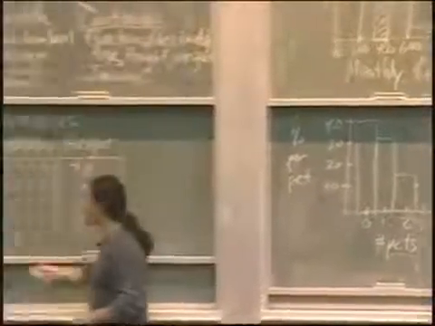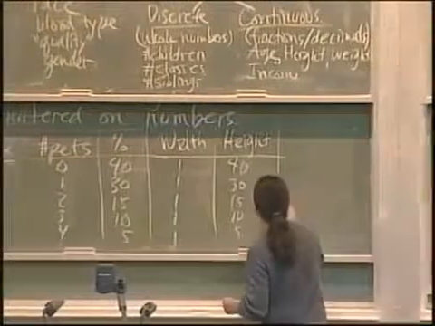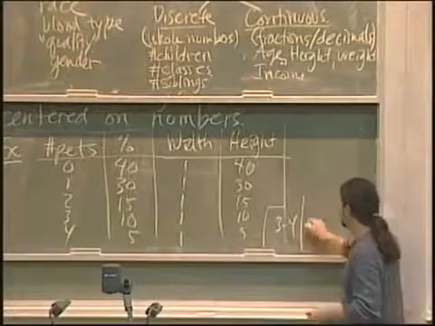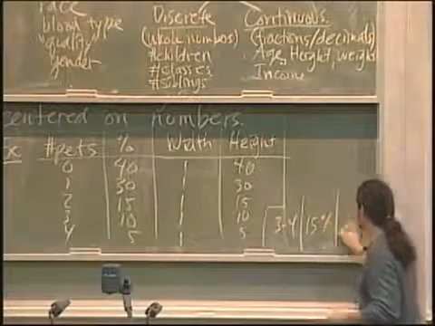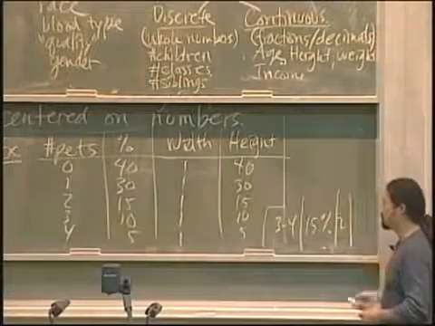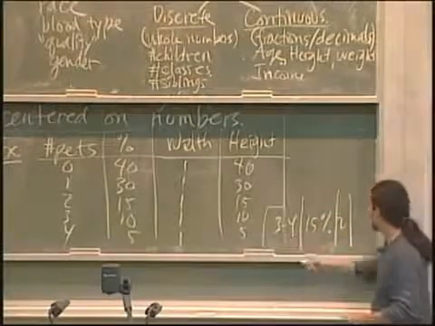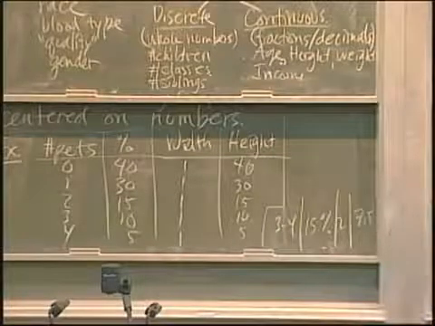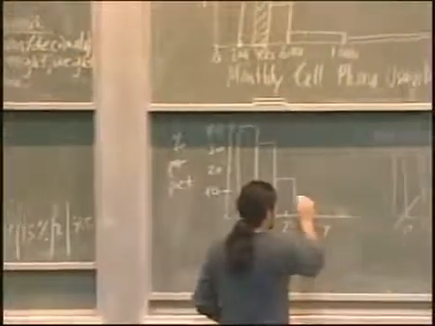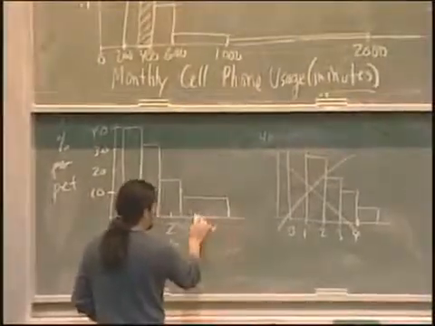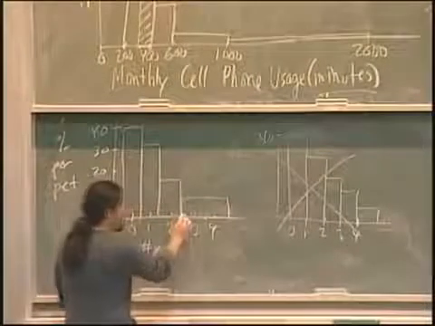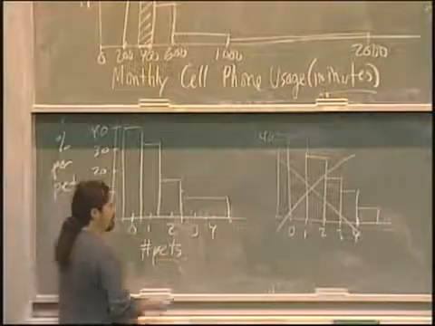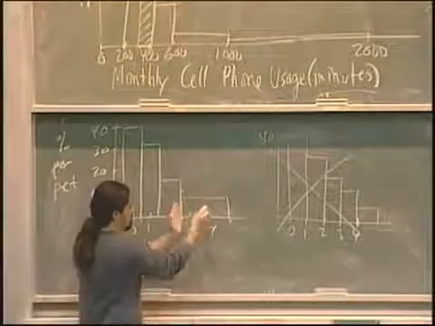It would have a width of 2. So if I redrew this last part as being 3 to 4, 15%, width of 2, the height there would be 7.5. So I'd have a bar like this. There's 3, there's 4, and the left edge of that bar is 2.5, the right edge is 4.5. So it encompasses both the 2 bars that used to be there.